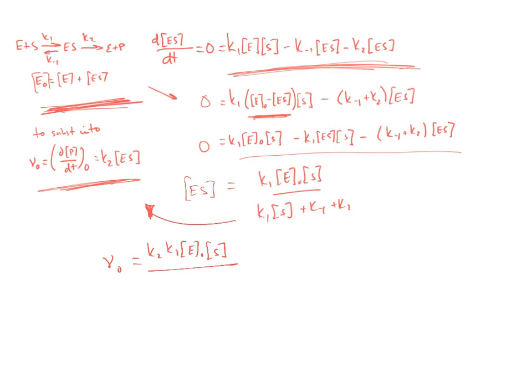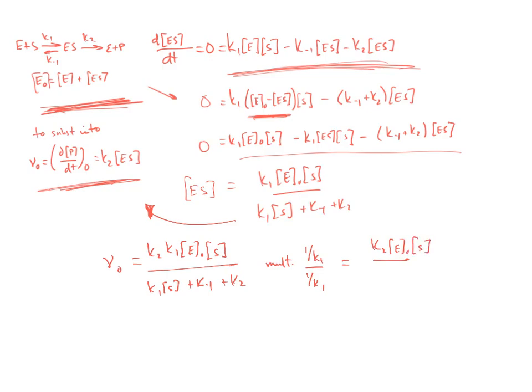And I've got three terms down here: K1 S plus K minus 1 plus K2. Now this is the way that I think it comes out. If you multiply the top and the bottom by 1 over K1, you can do some cancellation. And our rate law expression turns into this. Simplifies it a little bit.